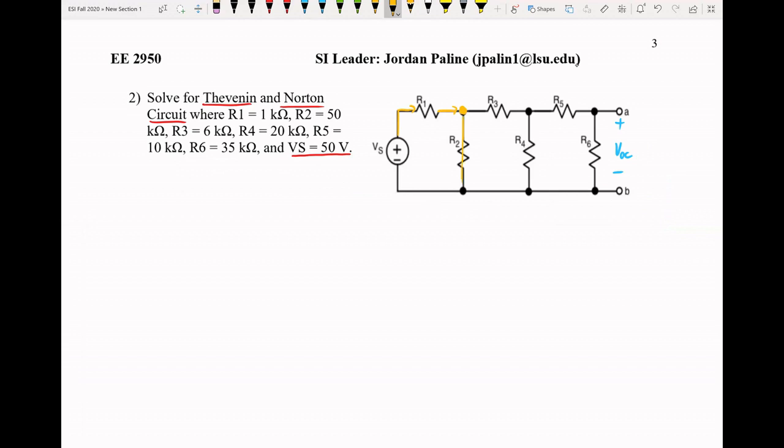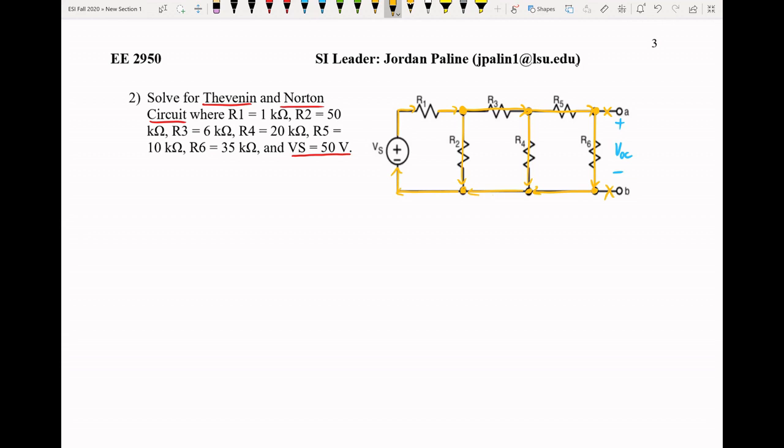It'll send some this way, some that way, hit this node, send some this way, some that way. It won't go down this branch because it's an open terminal. Send some down this way, won't go down this branch, that's an open terminal. Then they'll recombine here, and they'll form our current once again.